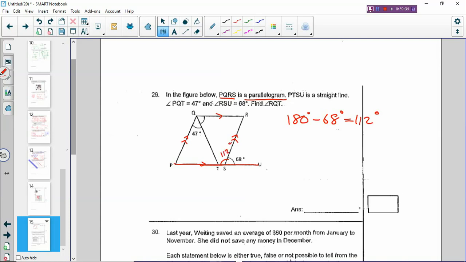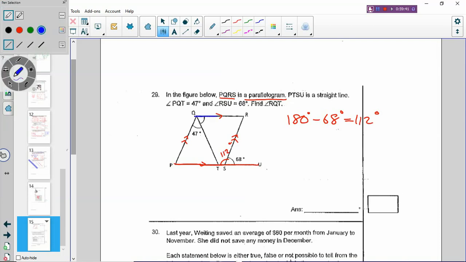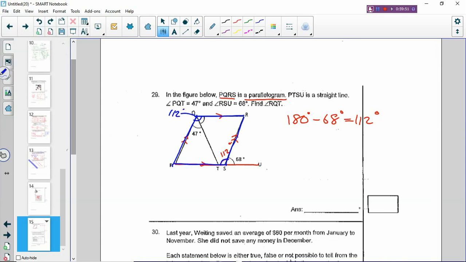Alright, now what are the important properties related to parallelogram? Okay, now in a parallelogram that you see over here, you will see that opposite angles are equal. So this is 112, and then this whole angle must also be 112. Opposite angles are equal. So can you find your angle RQT, which is the question mark here?